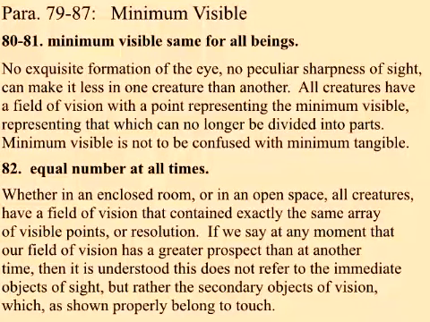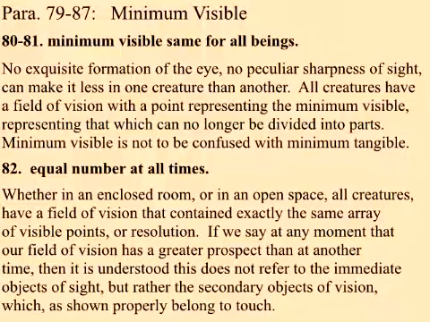And in paragraph 82, he basically states that whether in an enclosed room or in an open space, all creatures have a field of vision that contain exactly the same array of visible points or resolution. If we say at any moment that our field of vision has a greater prospect than at another time, then it is understood this does not refer to the immediate objects of sight, but rather the secondary objects, which are what we touch.